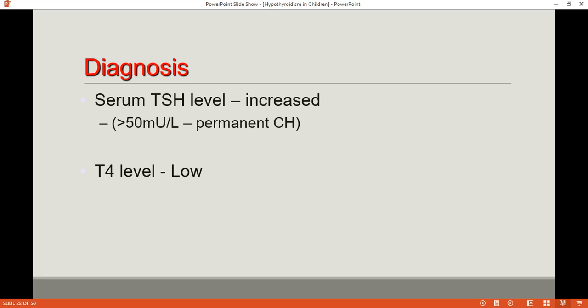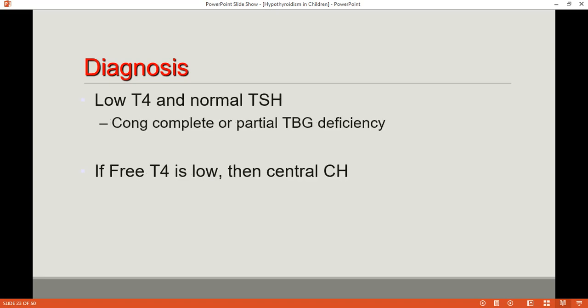In the newborn, in early life, you must label it as permanent congenital hypothyroidism. Low T4 and normal TSH we can get in congenital complete or partial thyroid binding globulin (TBG) deficiency.